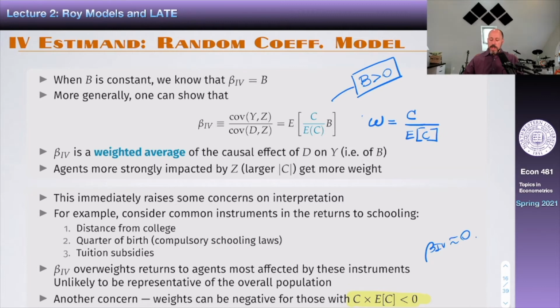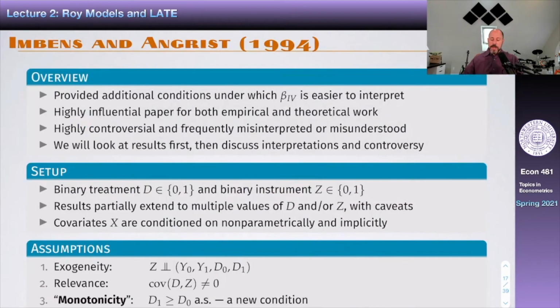If you just stop here, then you say, well, the minute that I allow the model to be heterogeneous, IV becomes fishy. Well, that's what Imbens and Angrist was about. What they did is try to provide a framework where you remove that complication from the IV.